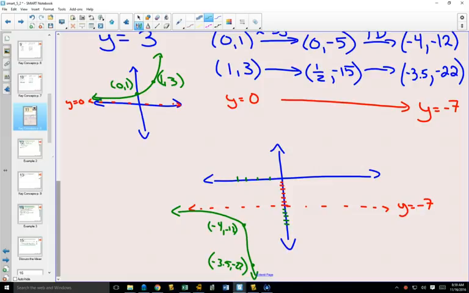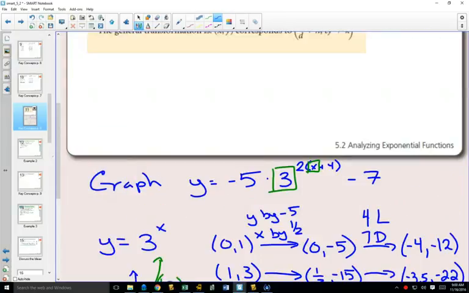If we think about our original graph and moving from left to right, the first thing we hit is the -5. That -5 is going to stretch the y values and flip it over the x-axis. Then the 1/2 would compress it, so it would be even steeper than it was before.